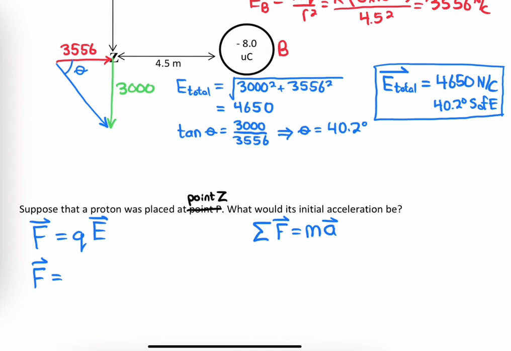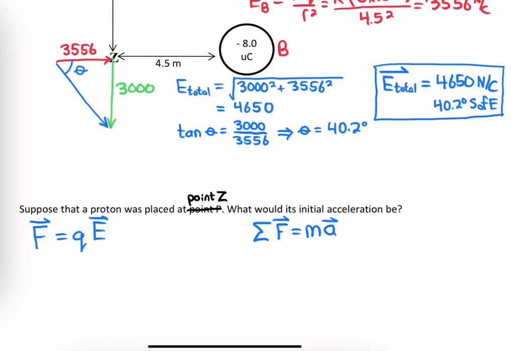And what I might do here to just save myself a little bit of work is I might just combine these two equations together right off the bat. So the net force on this proton is going to just be the electric force that we calculate from this formula over here.